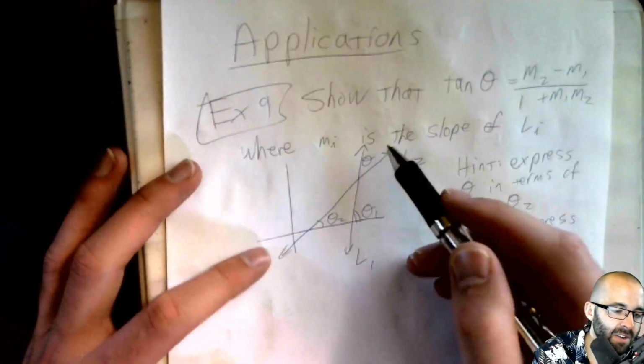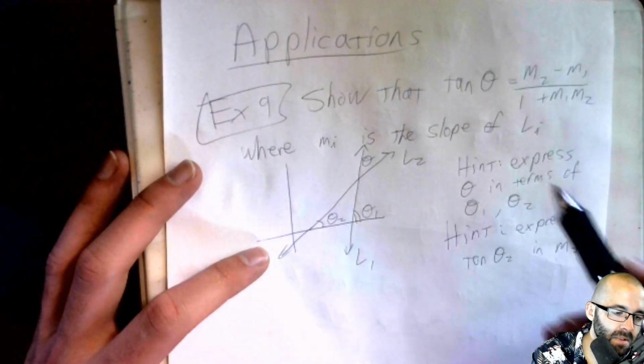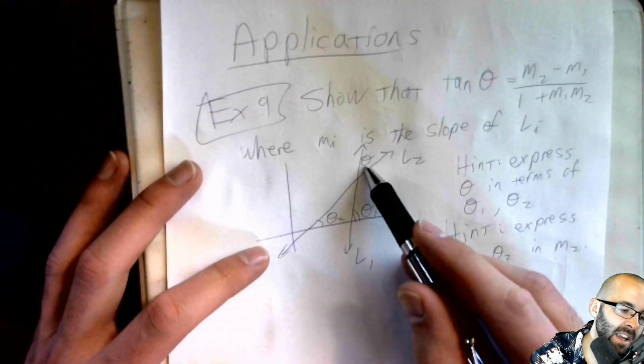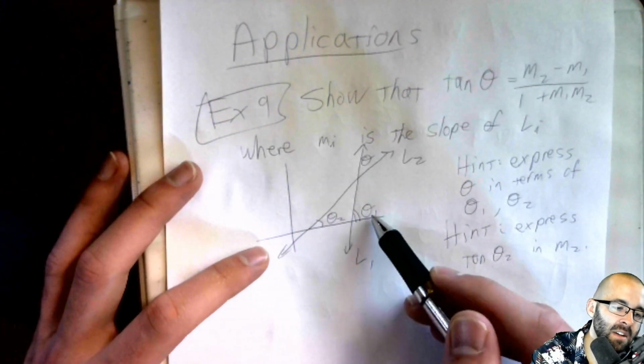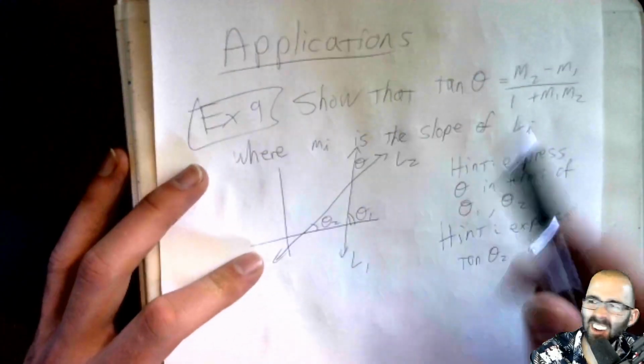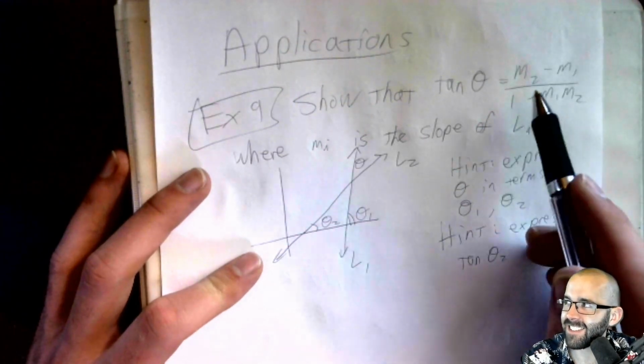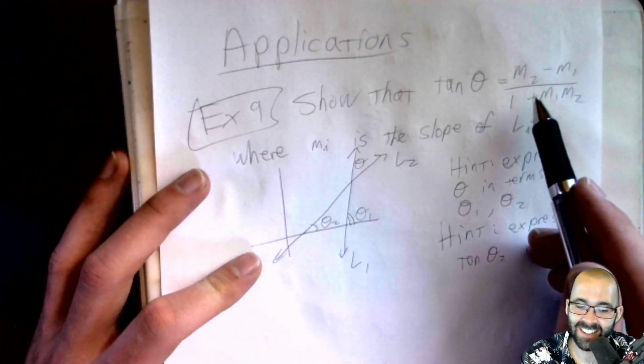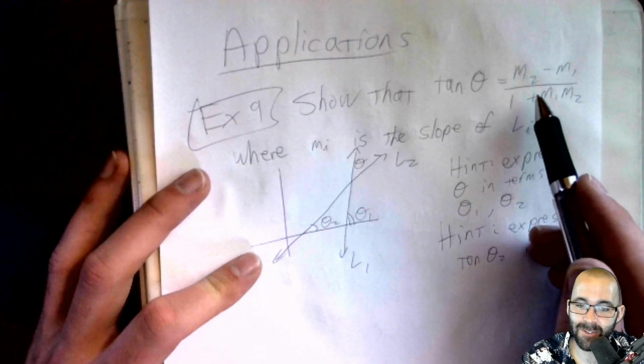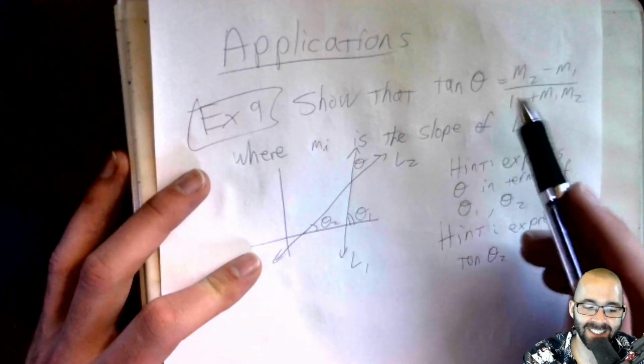First off, let's look at this angle. How can we express this angle, the angle between these lines, in terms of the other angles? And again, I kind of already hinted at this because I said this kind of looks like the difference of angles for tangent.